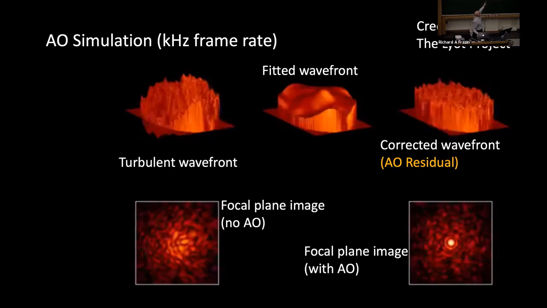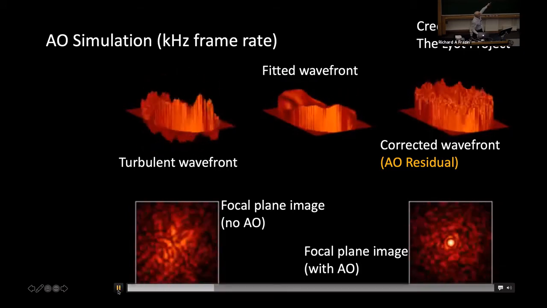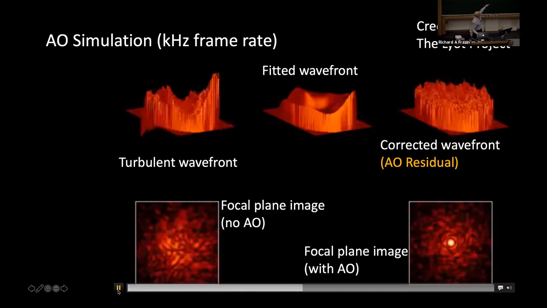The deformable mirror implements this correction. Then when you subtract this top center one from the top left one, you end up with the top right one, and that is called the AO residual. In other words, it's partially corrected for the turbulence, but a lot of the high spatial frequencies are there.